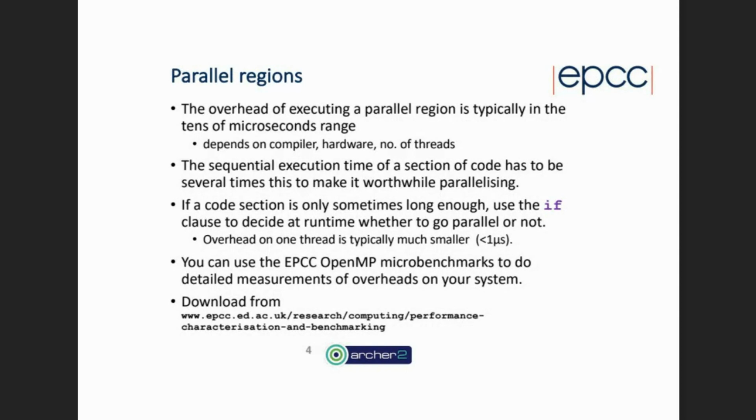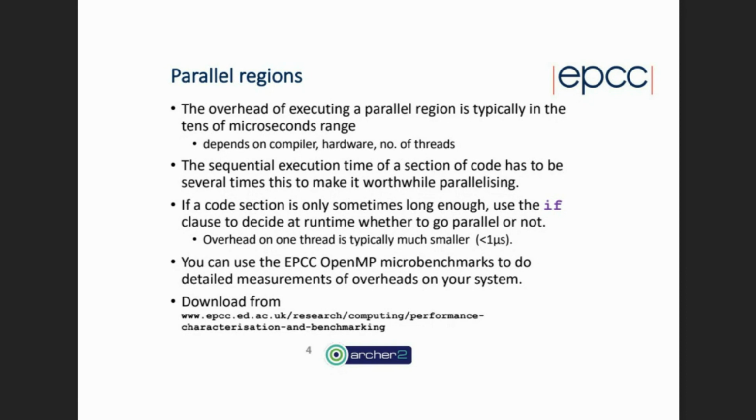One way of getting around this is to use the if clause to decide at runtime whether to go parallel or not. So you can say OMP parallel if, then some condition, and if the condition evaluates to false, then the parallel region will just be executed on one thread.